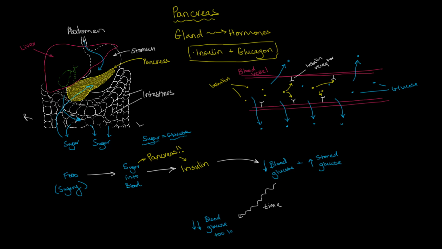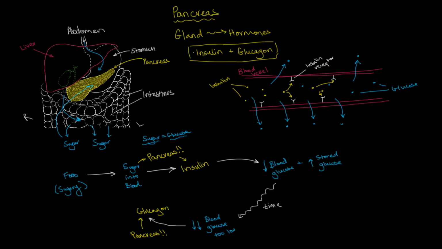And again, the pancreas acts as a sensor, so it knows when you have too high or too low levels of glucose in the blood. So the pancreas is activated, but this time it recognizes that the blood has too little glucose rather than too much. And so it releases glucagon instead of insulin.